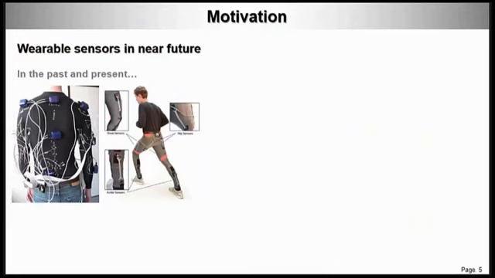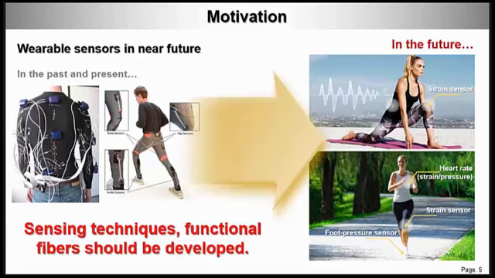One of the most widely studied applications for e-textiles is sensory systems. Up to now, wearable sensors, as shown in these pictures, are very large and bulky, but future wearable sensors can be textile-based devices, which can be the clothing itself.